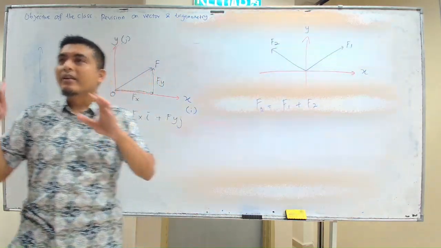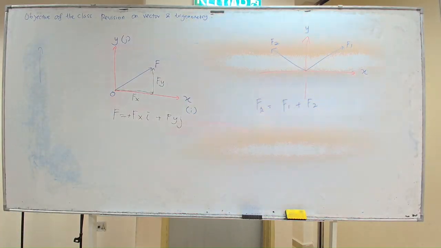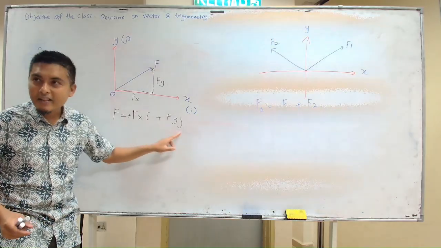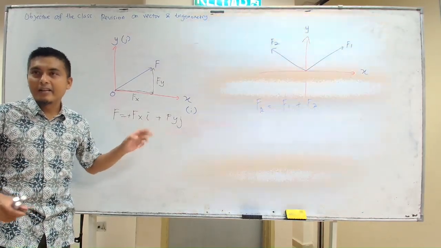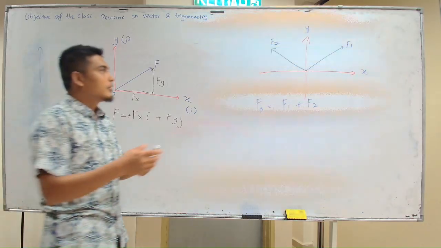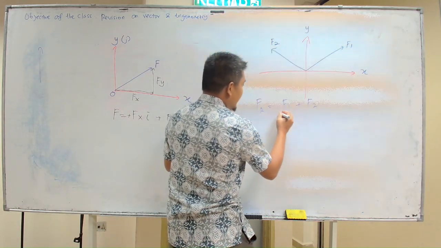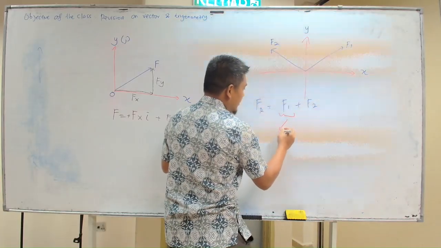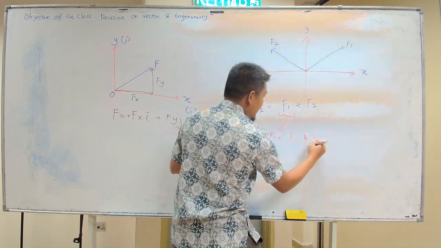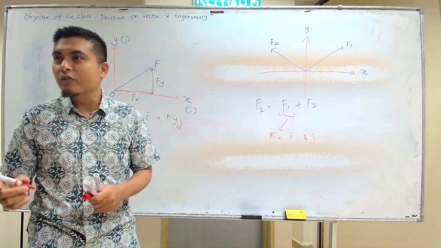No, because if you still remember, a vector must have direction I and J. So in this case, F1 must have I and J direction, is it true?